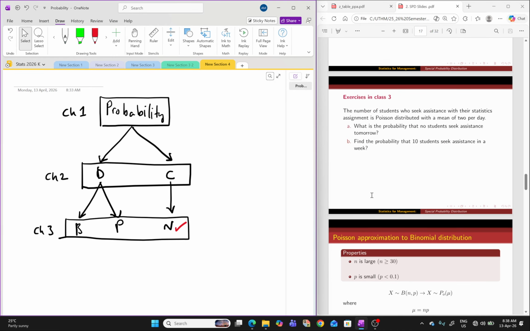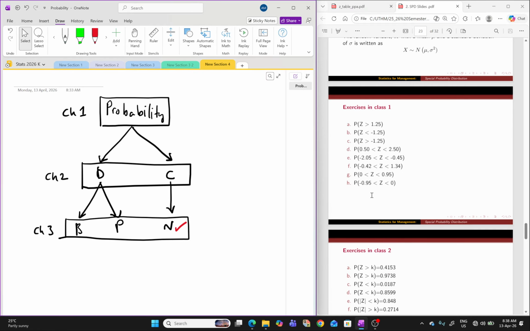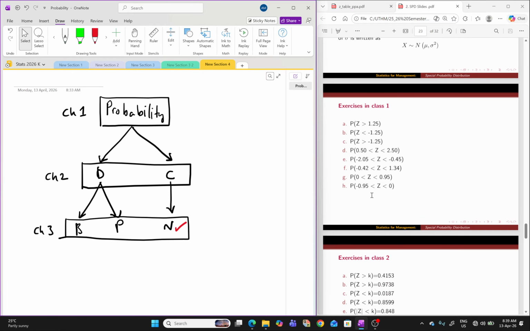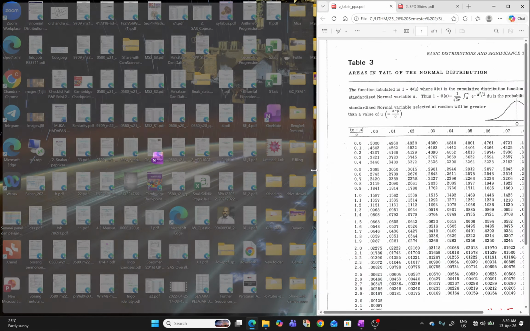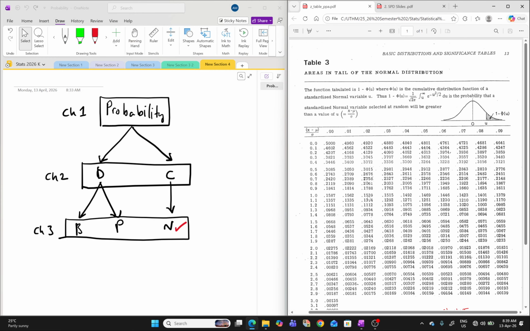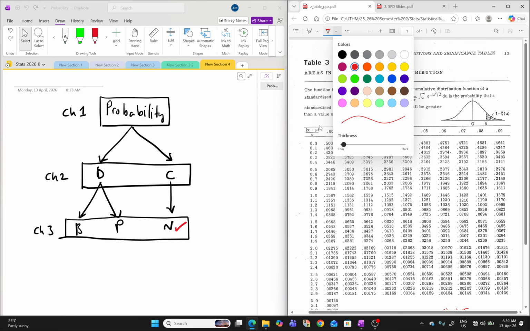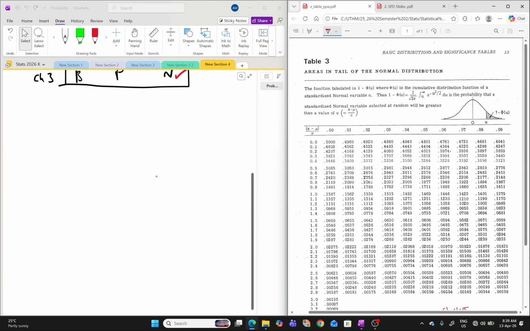For normal distribution, first of all you need to know how to use the table. Okay, this table I have shared with you. Let us start.